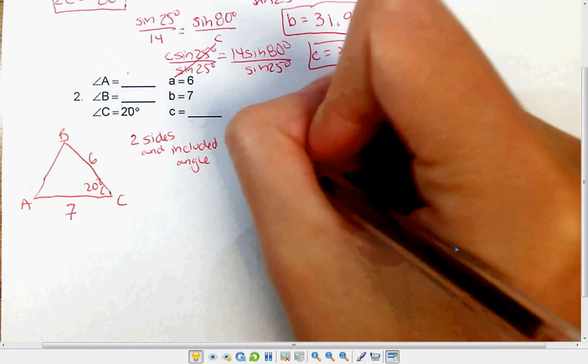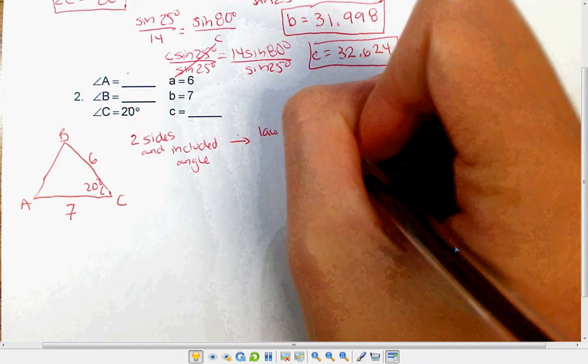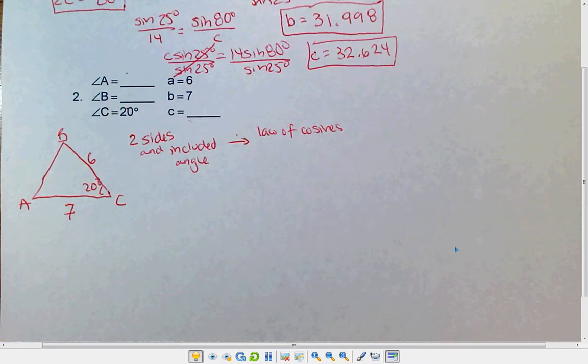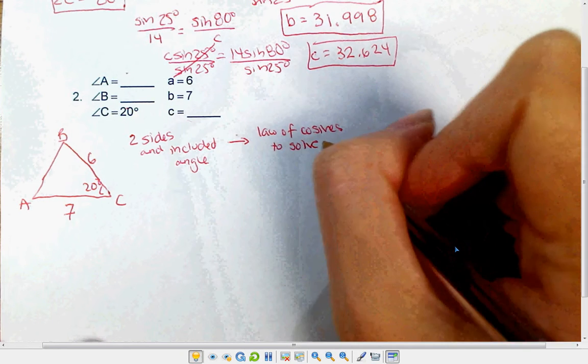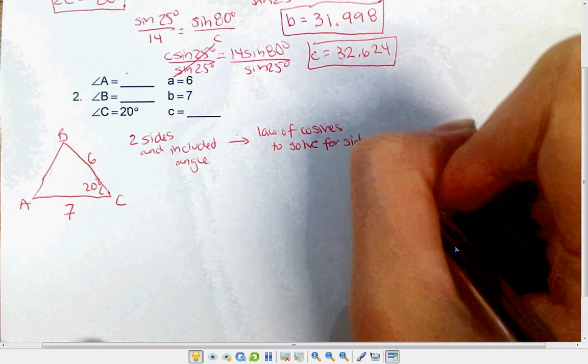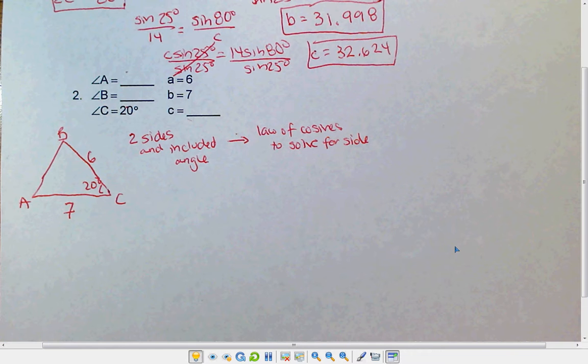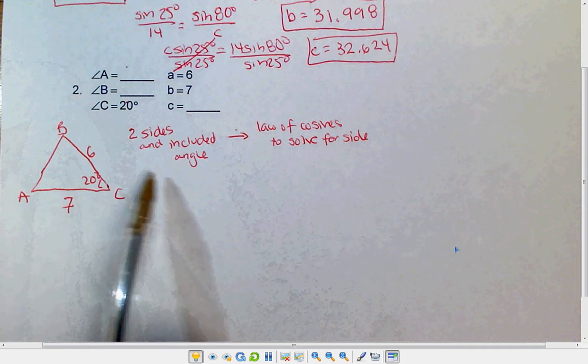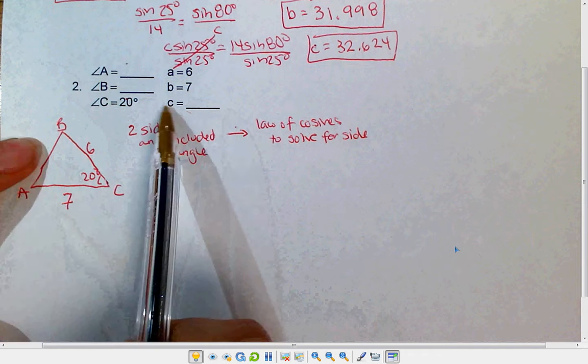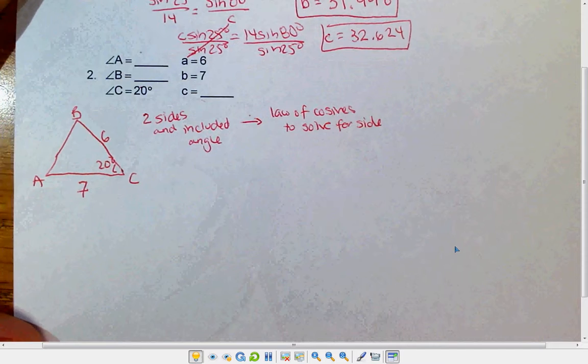This means we're going to use the law of cosines to solve for the side. Okay, so two sides, angle in between means that we're using law of cosines to solve for the other side. So the other side that we're missing is side C.